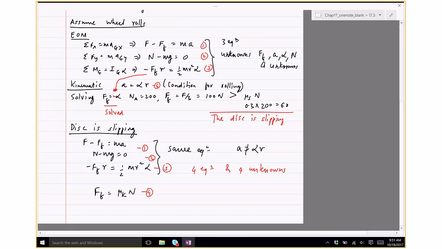If I solve this, I get a_G. Solving gives me Ff is 40 newtons. a_G is 13 meters per second squared.